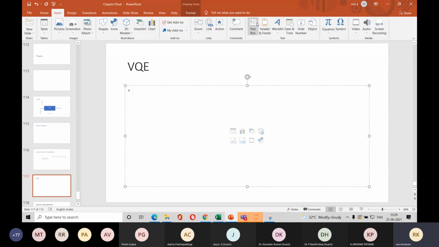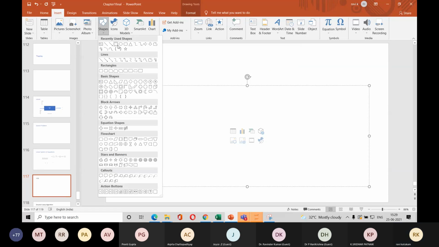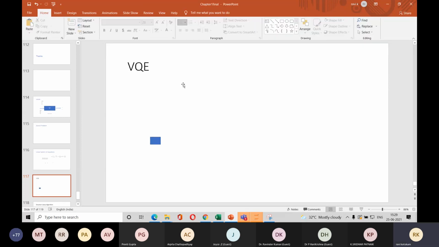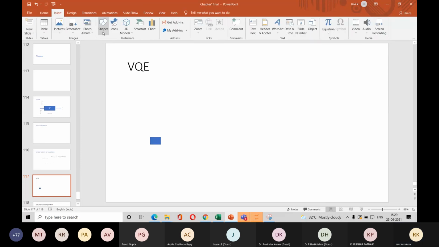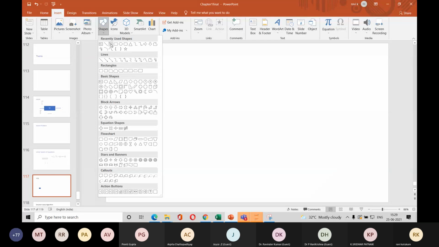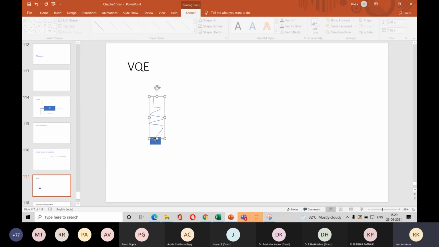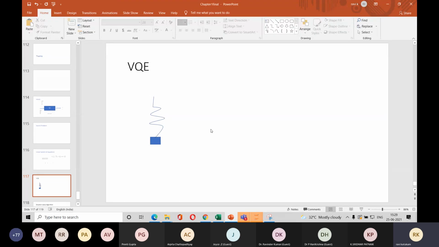Let us say I have one mass and there is one, let us say, some kind of spring attached to it. Okay, so VQE is nothing but a combination of spring mass systems.